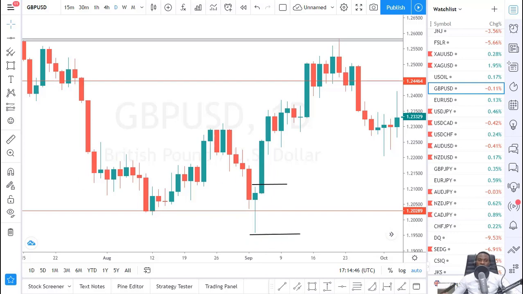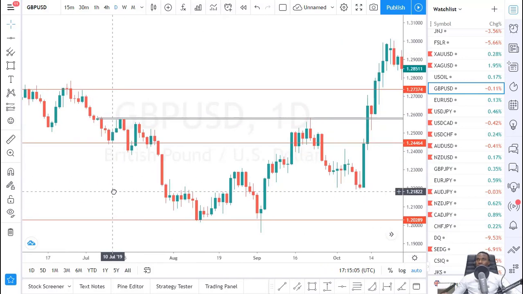Then I'm going to be willing to target a risk reward ratio. If this zone right here is 50 pips, then I'm going to be willing to target like 100 pips, or target the next point close to a resistance structure. So right here, the next structure we got is the swing low, swing high right there.